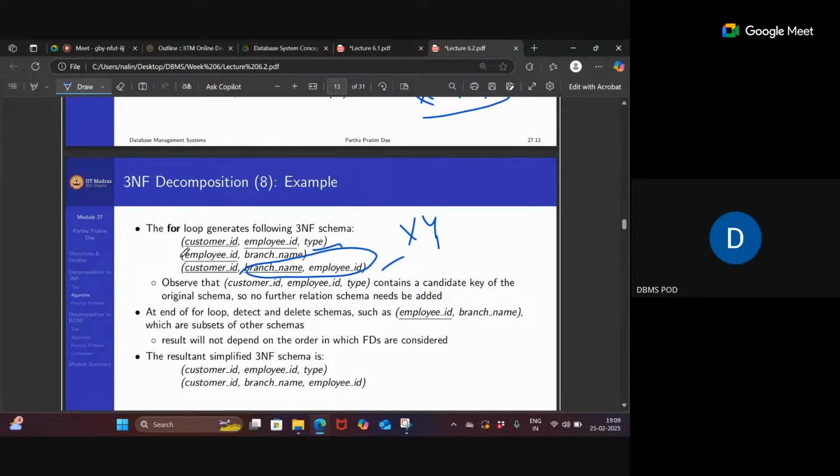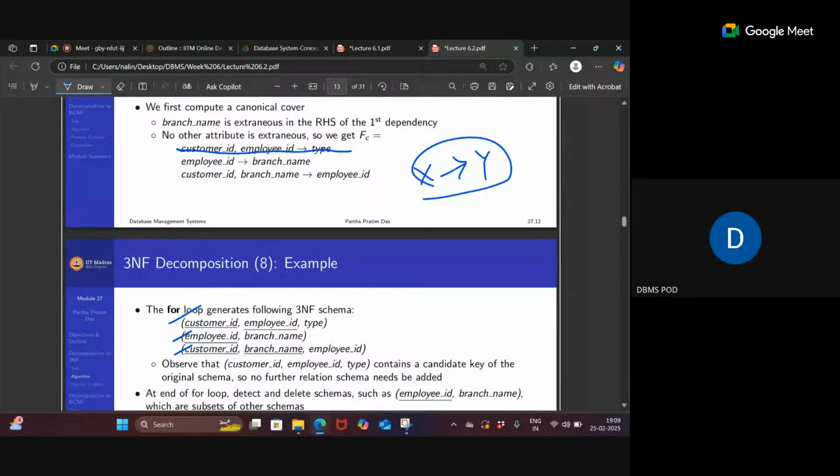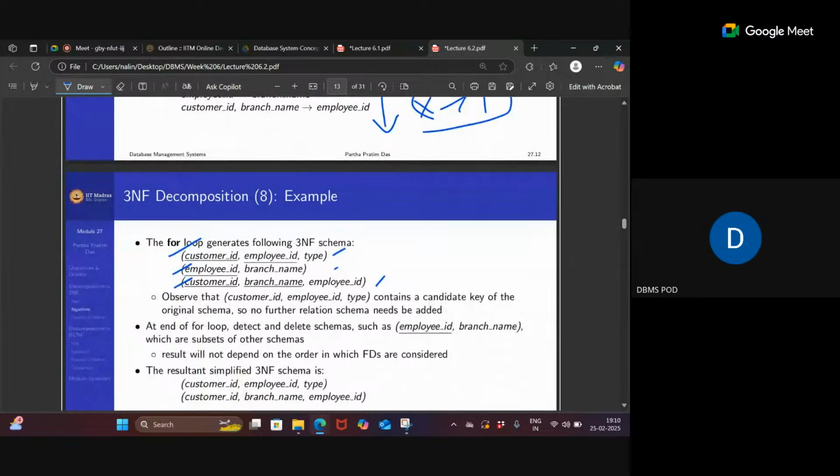After this is our decomposition: for each dependency X determines Y, we have made our tables. We have made separate tables: customer ID, employee ID, type; and employee ID, branch name. All these dependencies X determines Y, we have decomposed into three tables. After decomposition, we check whether any of our tables is a subset of another table. Employee ID, branch name is a subset of the table customer ID, branch name, employee ID, so we can delete it. Now the valid tables are customer ID, employee ID, type and customer ID, branch name, employee ID.